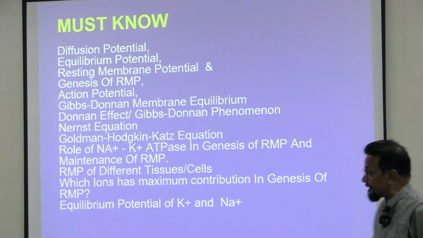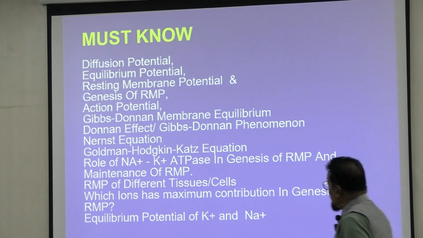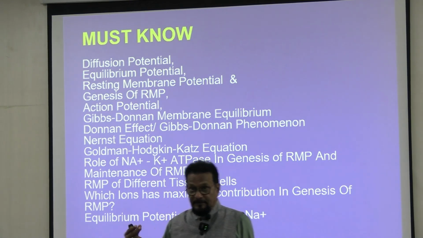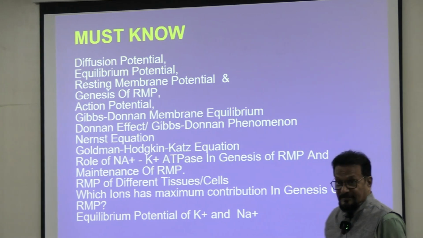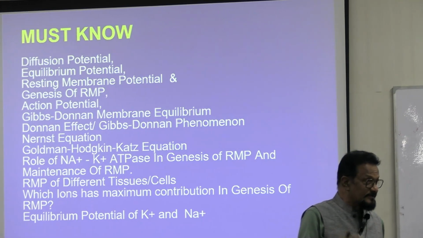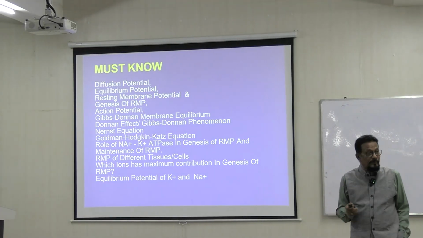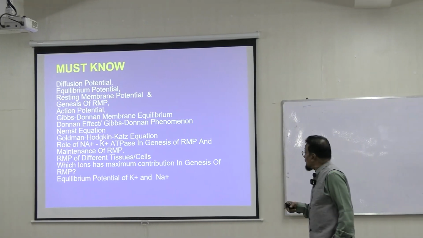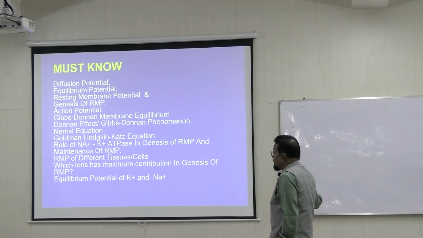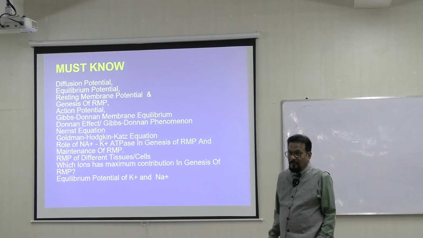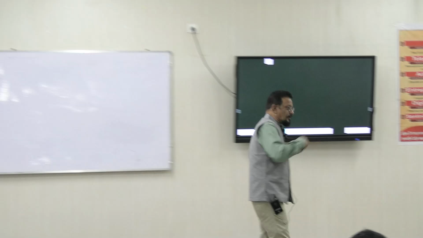We'll be learning diffusion potential, equilibrium potential, resting membrane potential, and how the RMP is generated. We'll learn what action potential is, how it is generated, and what the Gibbs-Donnan membrane equilibrium, the Gibbs-Donnan phenomenon and its effect, the Donnan effect, is, and the Nernst equation. What we do with the Nernst equation, what can be derived from this equation.